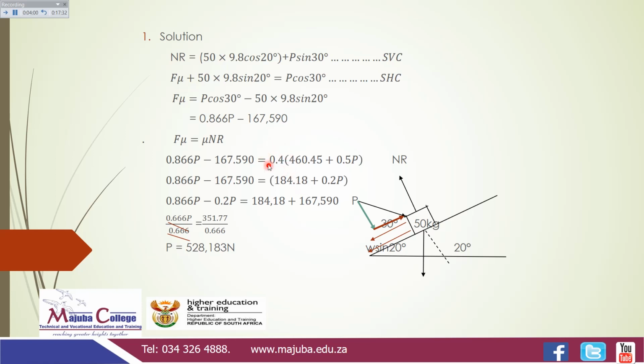And again you will multiply 0.4 by 0.5 and you'll get 0.2P.